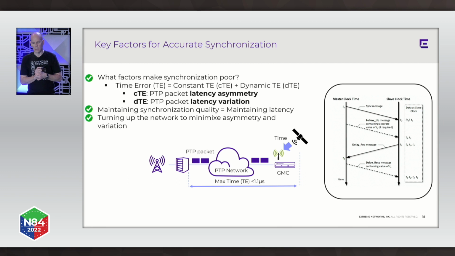The illustration you can see there is a recap of my statement that 1.1 microseconds is your total TAE within your network. How come 1.1? Because you have 400 nanoseconds added over the air. So from a network point of view, your TAE is 1.1 microseconds.